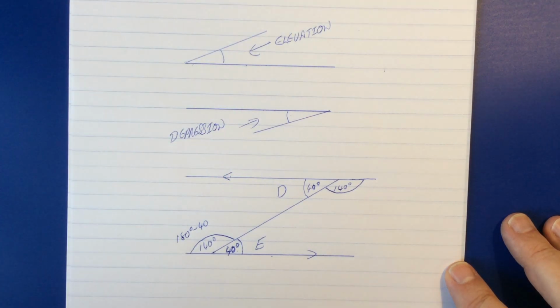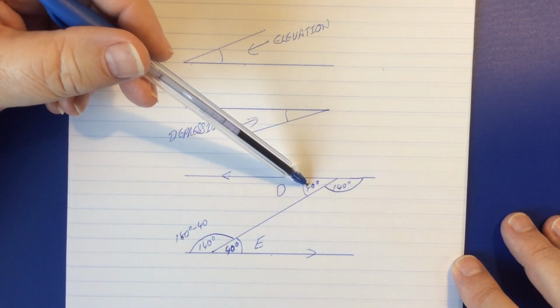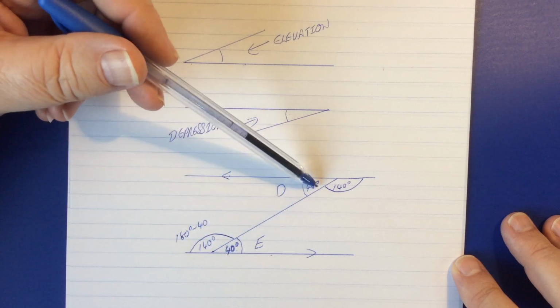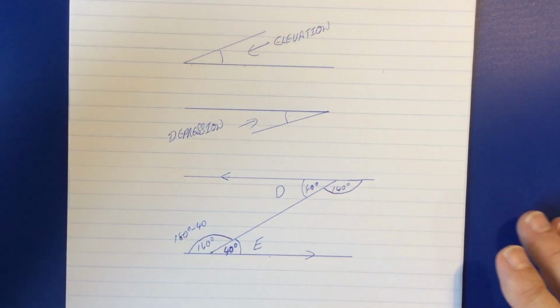And nearly always when you're doing problems involving angles of elevation and depression, you're dealing with parallel lines. Anyway, the purpose of this video is just to acquaint you with the concept and explain a couple of little features that are useful when you're dealing with these.